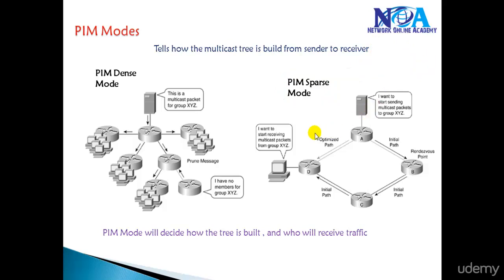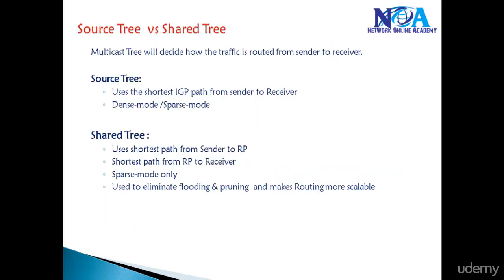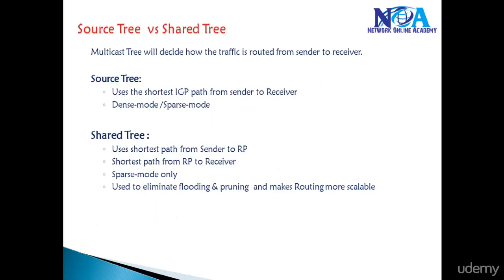Now the modes are the way the forwarding happens in general, but the actual forwarding mechanism we refer to as trees. The source tree and shared tree are just mechanisms which it uses, but the actual modes in which they operate we call dense mode or sparse mode.